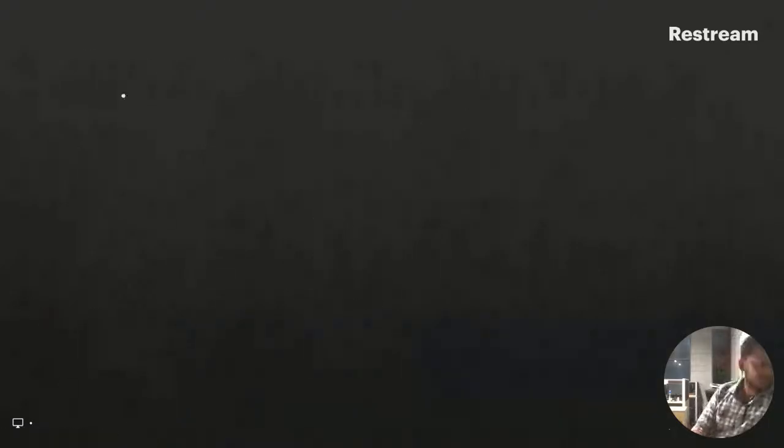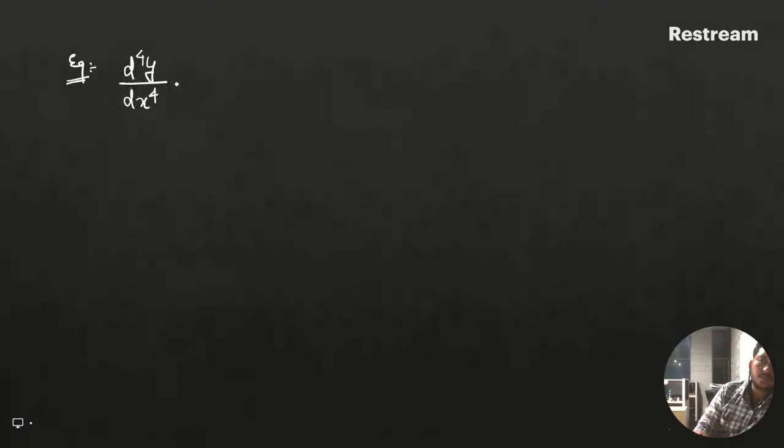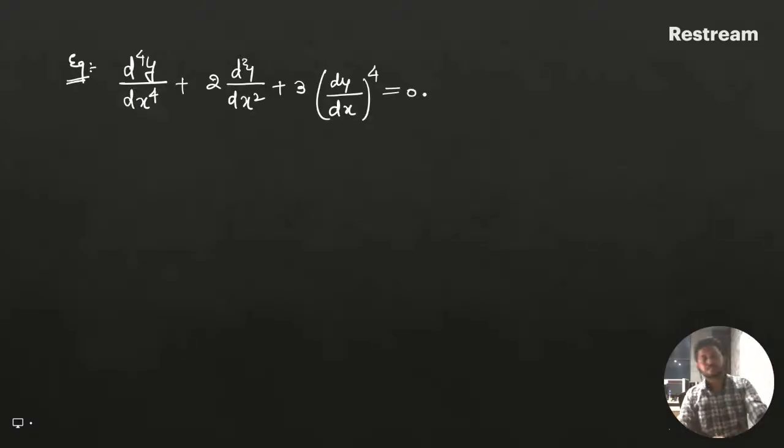Next thing is some examples based on the order of a differential equation. d to the power 4 y upon dx to the power 4 plus 2 d2y upon dx square plus 3 dy upon dx to the power 4, which is equal to 0.